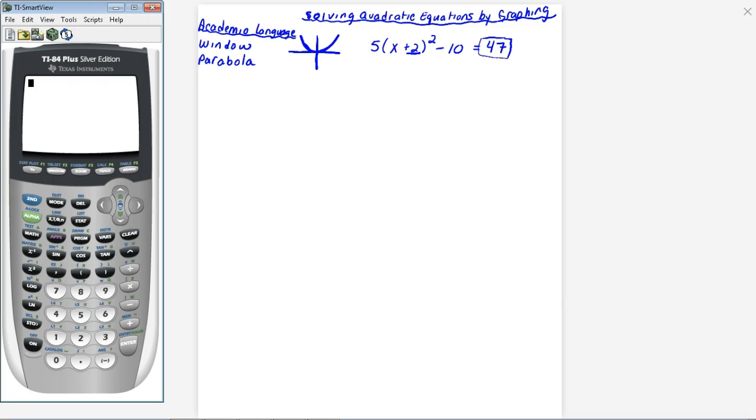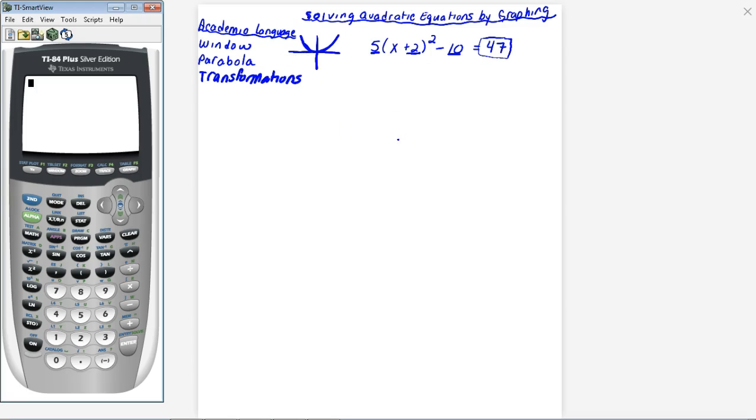We are stretching it vertically by 5, and then we're moving it down by 10. So you're going to have that parabola, but then also you're going to have a line on the other side, which is 47, okay? But I wanted to make sure you were making the connection between the transformations that we were doing. I'm going to add that to the academic language.